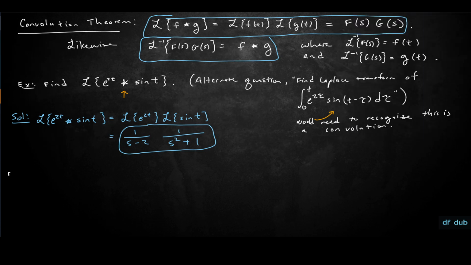It's another example. I might say something like find the Laplace transform of the integral from 0 to t of tau sine tau d tau. So find the Laplace transform of this integral.